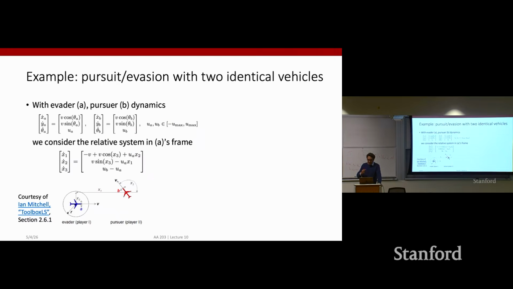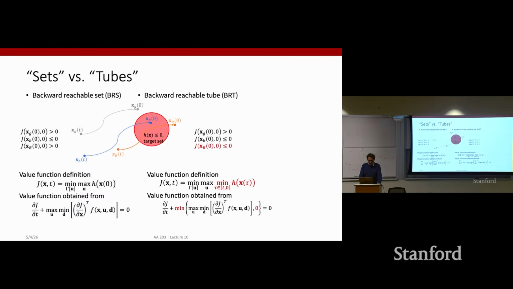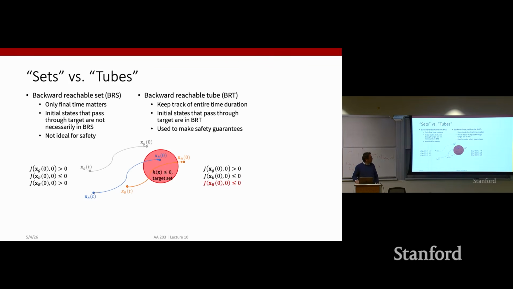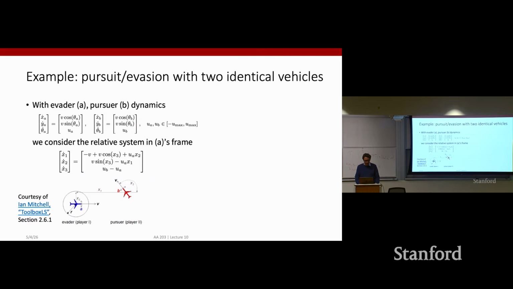So let me show you one example. And of course, the set of initial conditions for which you're guaranteed to stay out of danger is such that the value function is greater than 0. Now, let me show you an example to make these things a bit more concrete.